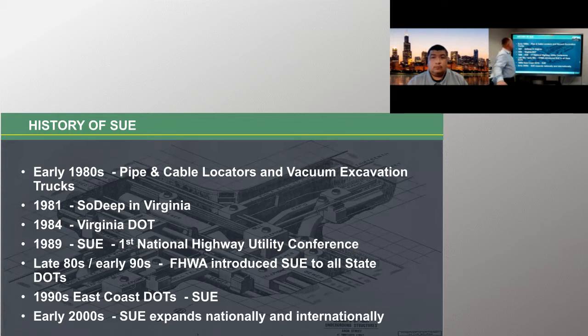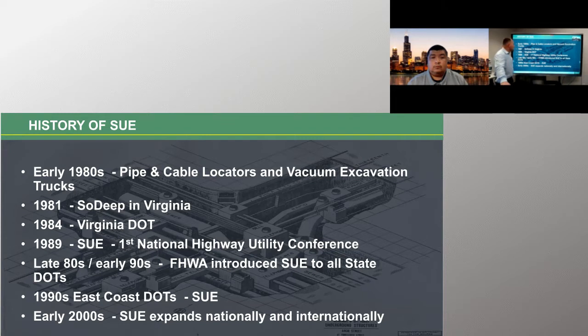Early 1980s, two technologies emerged: pipe and cable locators and vacuum excavation trucks. In 1981, SU is founded by SODEEP in Virginia, and then a couple years later, in 1984, Virginia DOT began using SU on their highway projects.